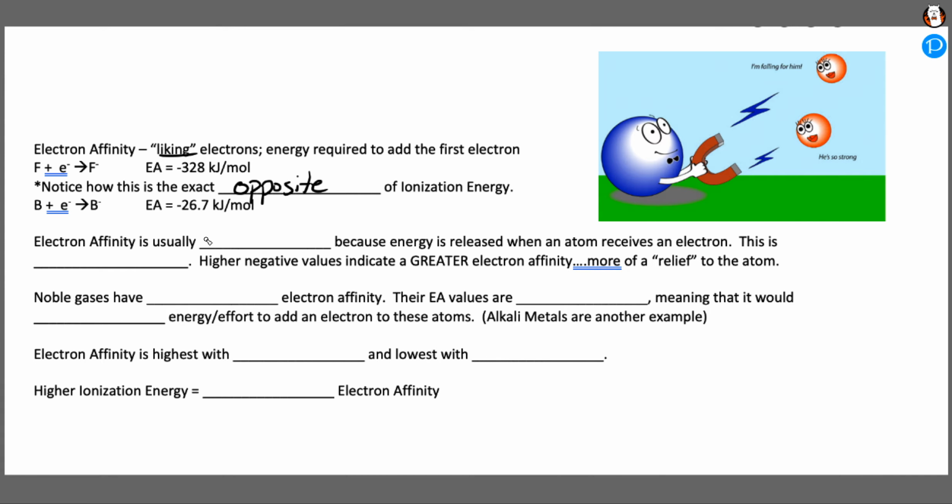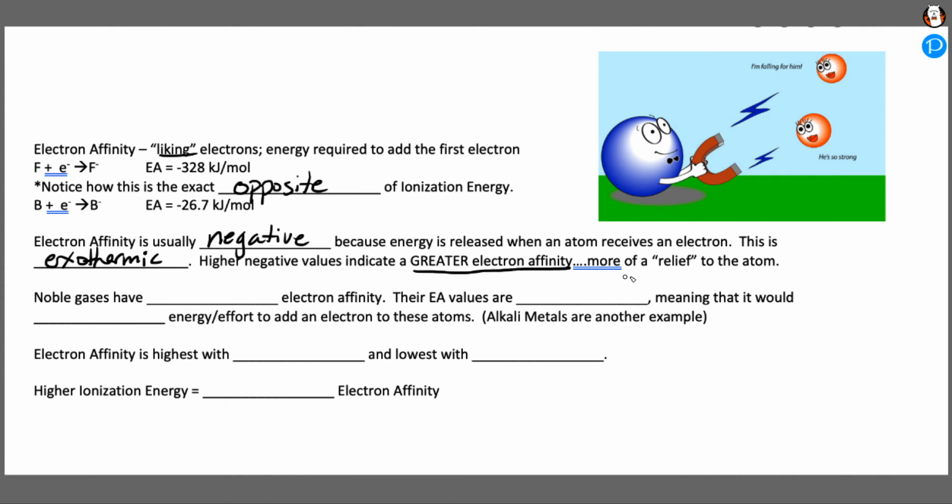Electron affinity is usually negative, because energy is released when an atom receives an electron. So this would be an exothermic process. So again, the exact opposite of ionization energy. So the higher the negative values, that indicates a greater electron affinity.